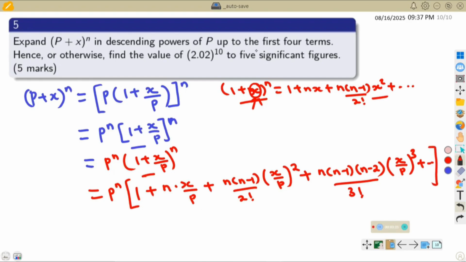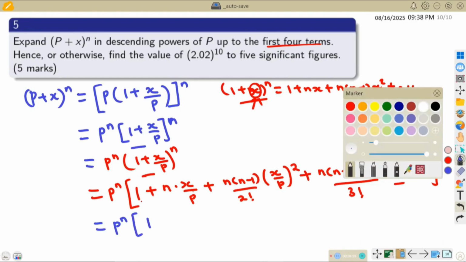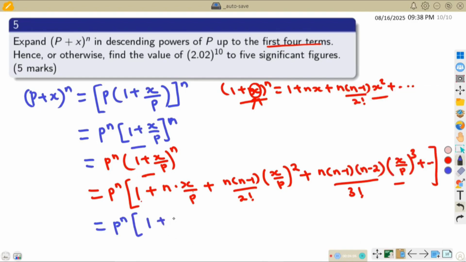Remember, we are interested in the first 4 terms. The first 4 terms, this is 1, 2, 3, 4. So we shall be able to stop at this given term. Now we shall try to simplify this. 1 plus n p to the power of negative 1 of x, then plus n into n minus 1 over 2 factorial is 2.